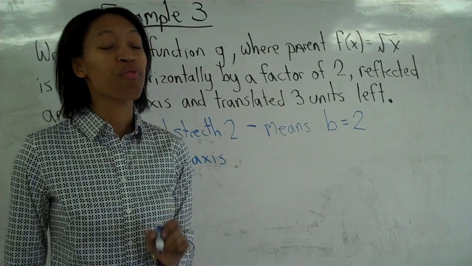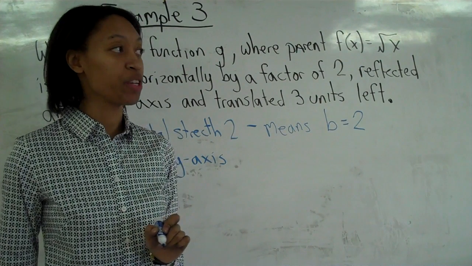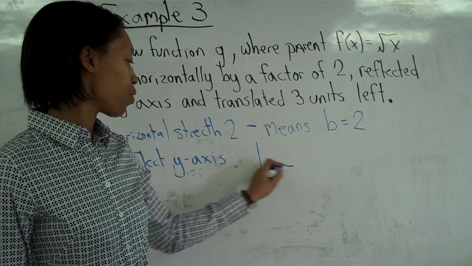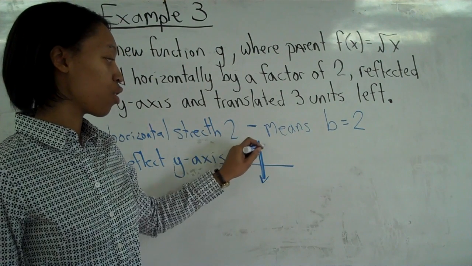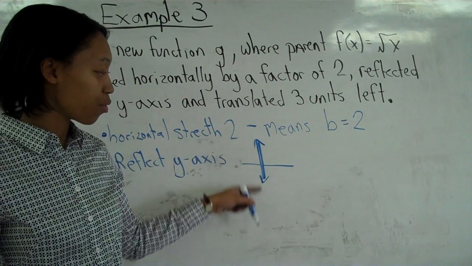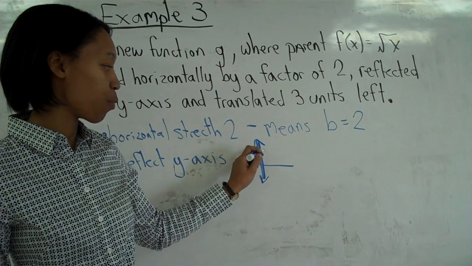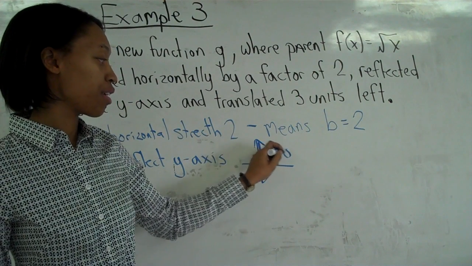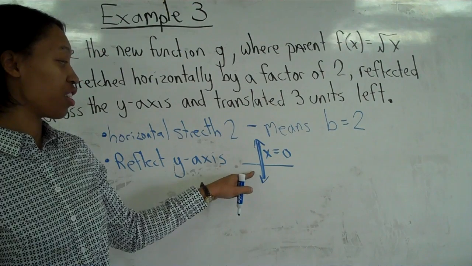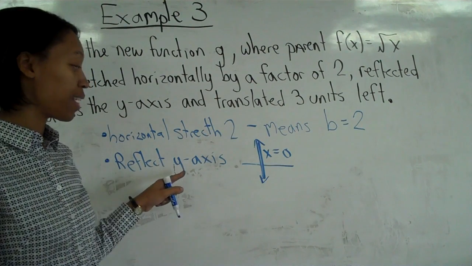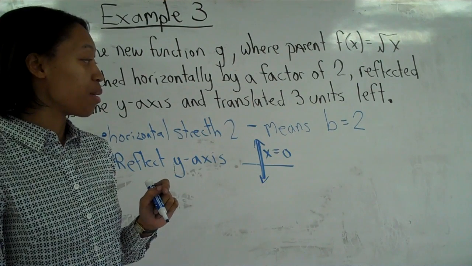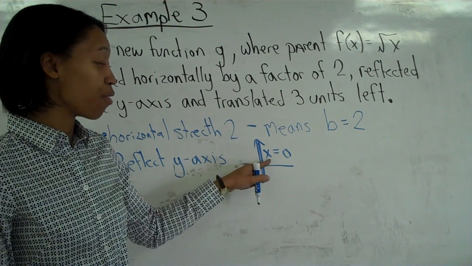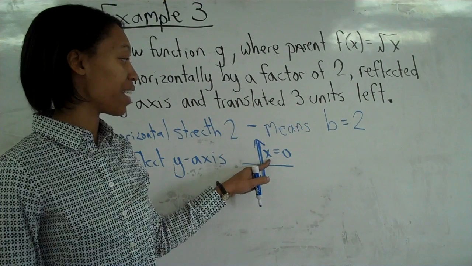We need to figure out the equation of that line. Well, the y-axis is at the spot where x equals 0. So a reflection over the y-axis is the same as over x equals 0. That means that the b value, the value in front of the x, is negative.